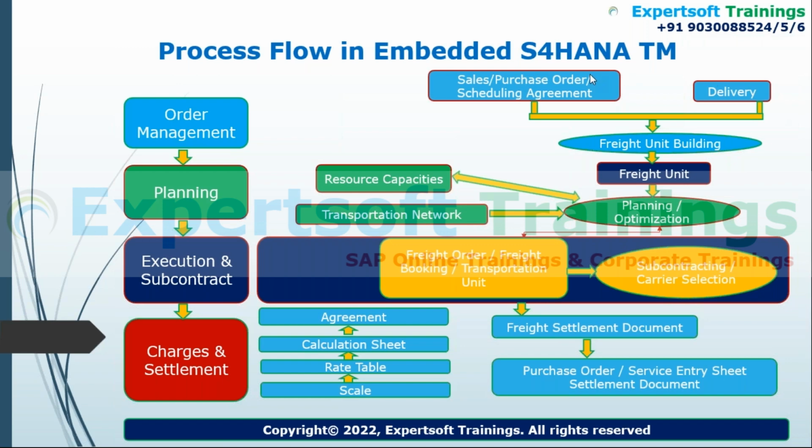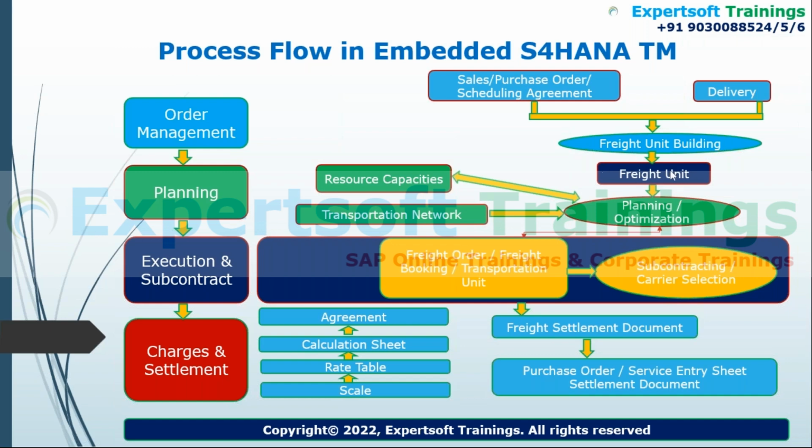These are the request documents, and when transferred, they create an object in TM called a freight unit. This is the first technical object in TM which has the transportation-relevant information for all these orders and deliveries.